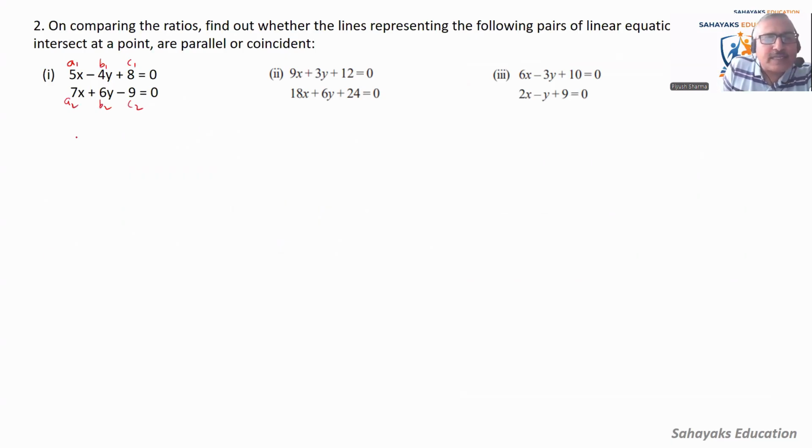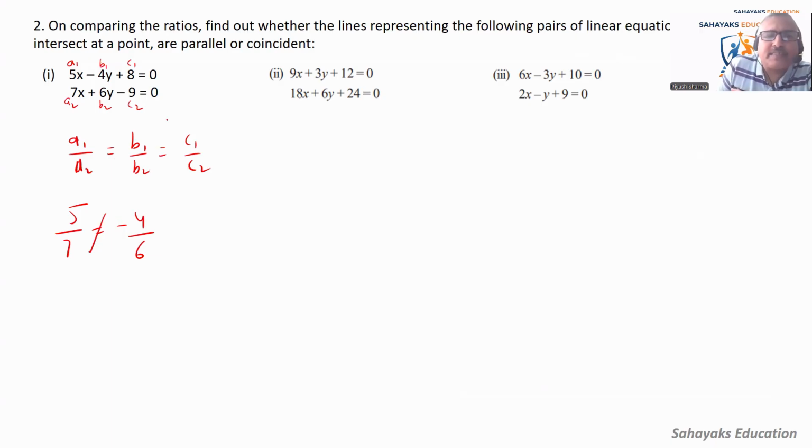We have to compare A1 by A2, B1 by B2, and C1 by C2. So here we'll just write 5 by 7 is equal to minus 4 by 6. So it is not equal. We can directly see it is not equal.